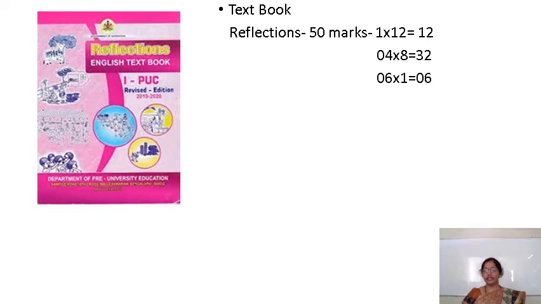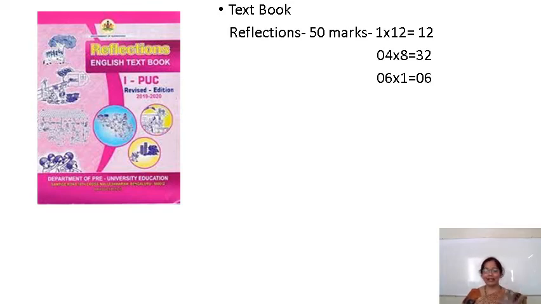Here you can see the cover page of your textbook, that is Reflections, which is going to cover 50 marks in your annual examination. You all know from your textbook, some texts have been reduced. That means you have only 8 units to read for this academic year.